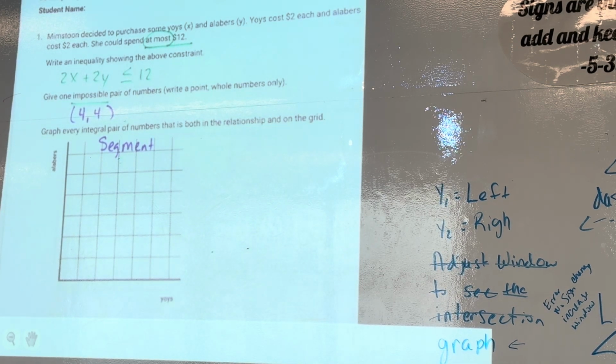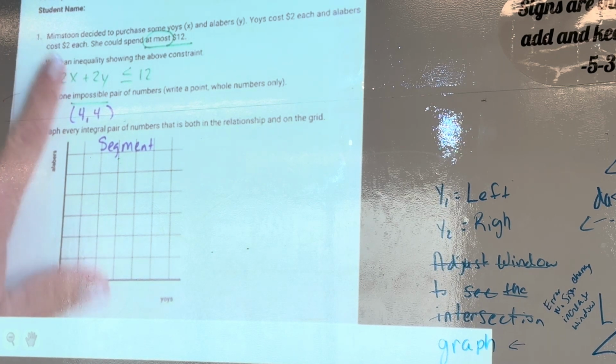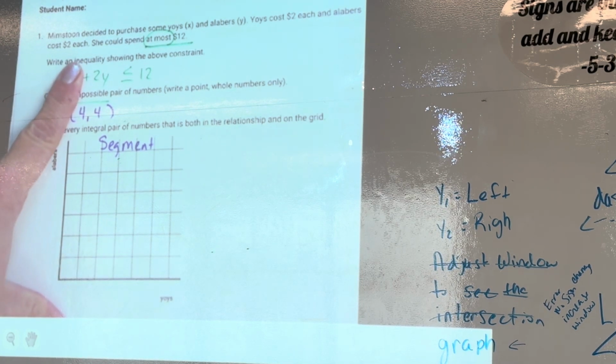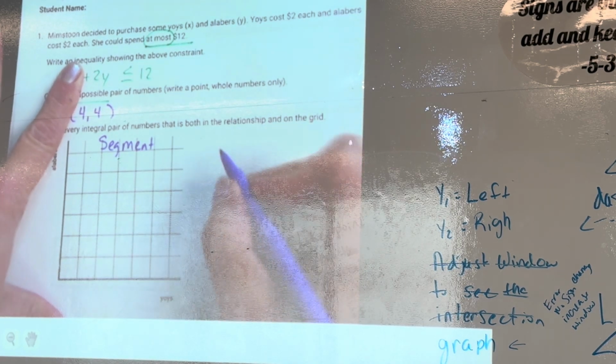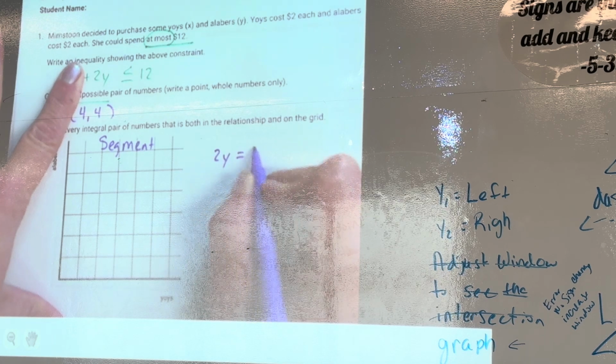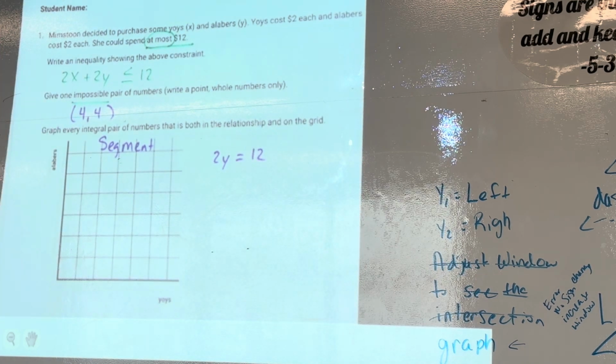So how do we find our intercepts? Do y'all remember? You cover up one of the variables. Our intercepts are when either x is 0 or y is 0. So we have 2y equals 12. How do we solve for y?